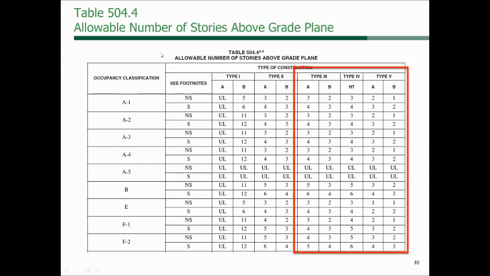This is from the 2015 IBC, and this table probably looks a little different than what we've used in past building codes because they've changed the overall format or method on how you can obtain the size of your buildings. One thing to note is the end result is the same as it was in previous codes. It's just how you get to the end result that has changed.